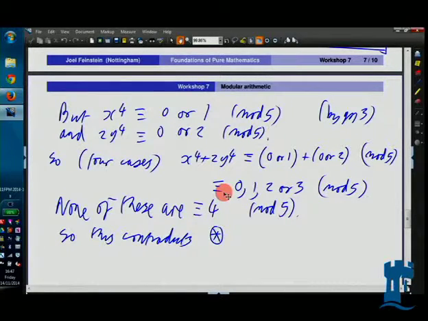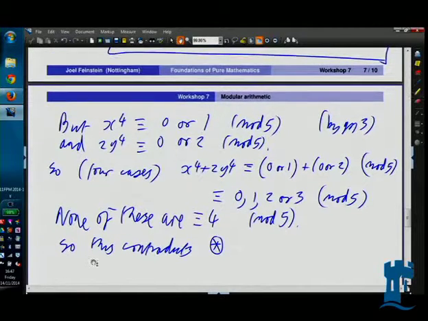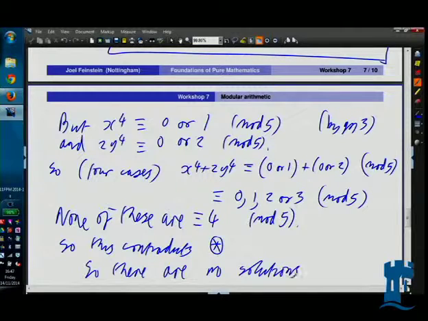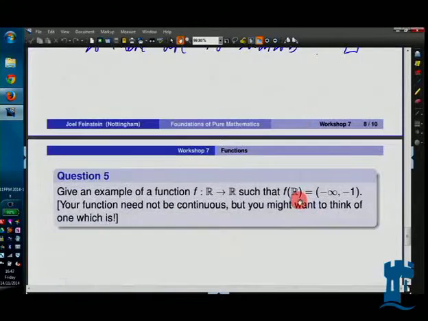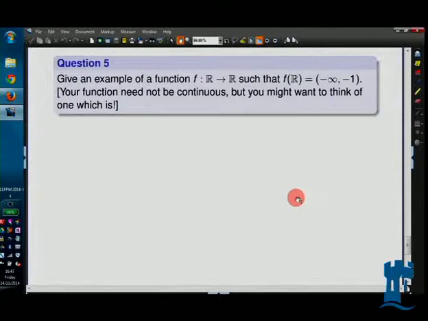That contradiction shows us no solution, I should say. Okay, so final question is question 5.